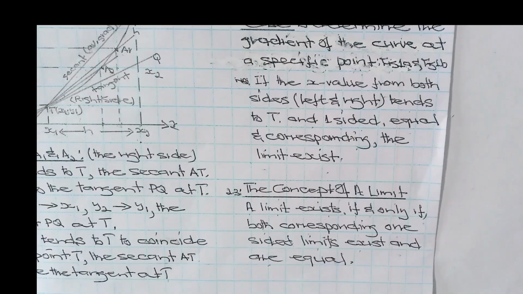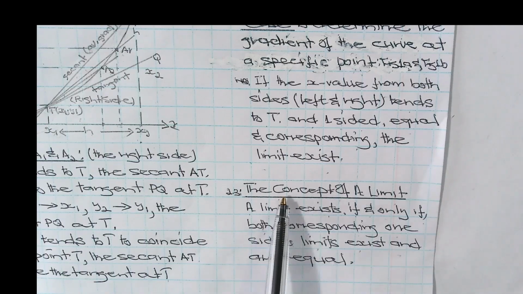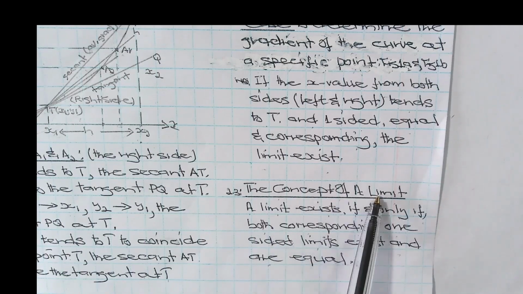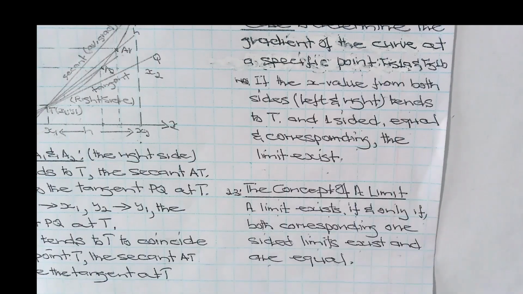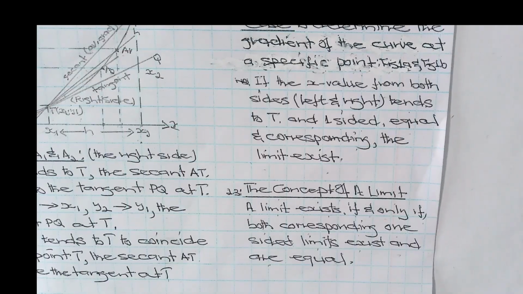In session 3, we are going to focus on the concept of the limit, what I've just explained: converging from the left side and from the right side to a common point where the limit exists. If that happens, then the limit exists.